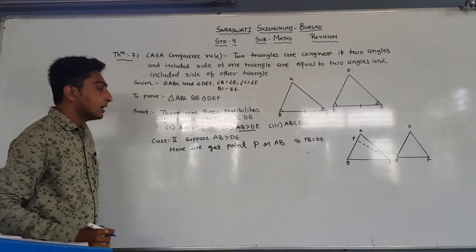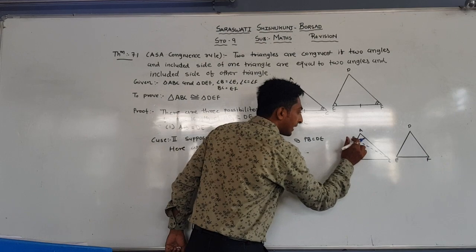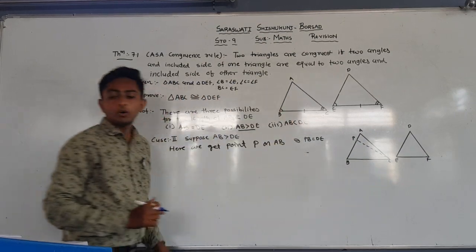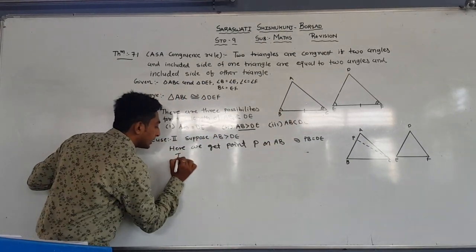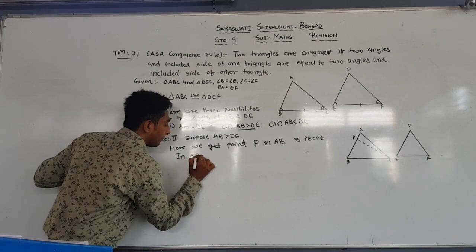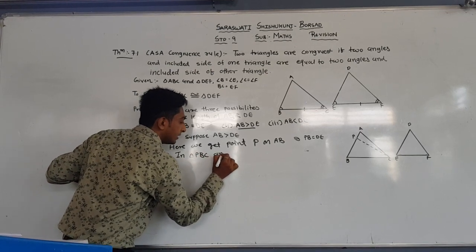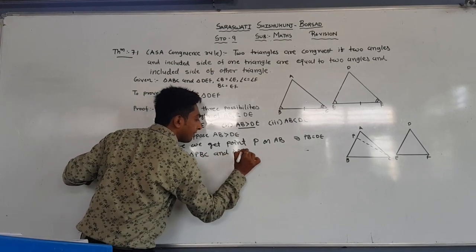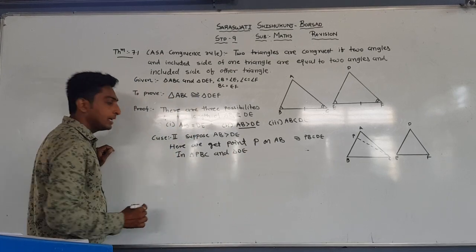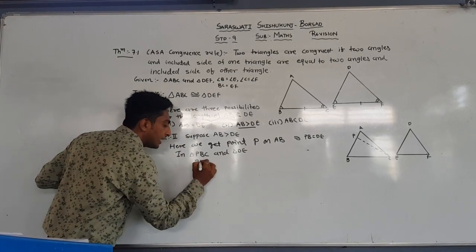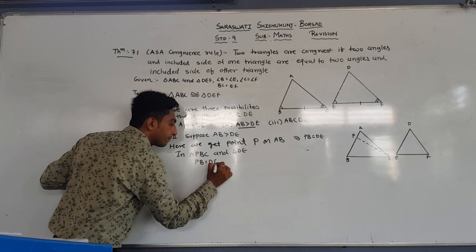PB equal to... so there is another triangle, see, triangle PBC. Can I write in triangle PBC and triangle DEF, PB equal to DE.